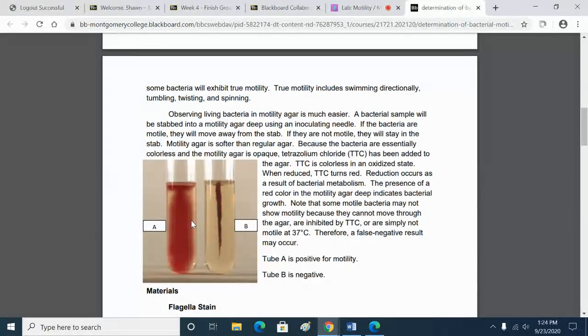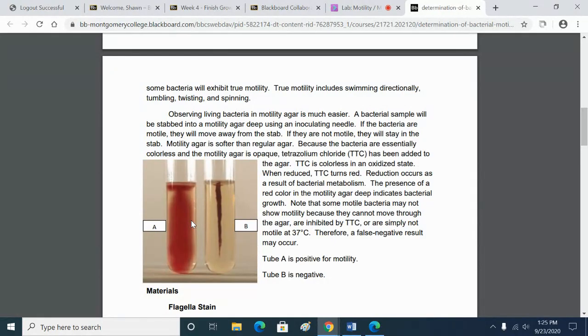Now, what if the organism is stuck to other cells? What if it's clustered together? Would you expect that organism to be motile if it's stuck to a bunch of other cells? No. Well, probably not, because it's hard to coordinate movement when you're stuck to a bunch of other cells. So if you have an organism whose name starts with staphylo, that might suggest to you it's most likely not going to be motile, right?